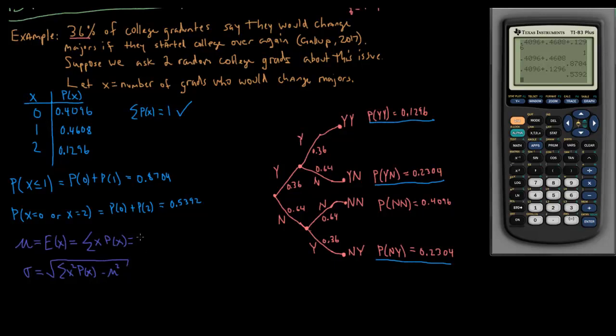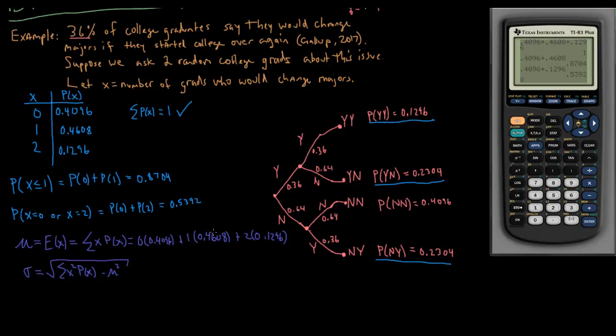So we have 0 times 0.4096 plus 1 times 0.4608 plus 2 times 0.1296. Well, what do you know about 0 times anything? It's just 0. So that first product is 0.